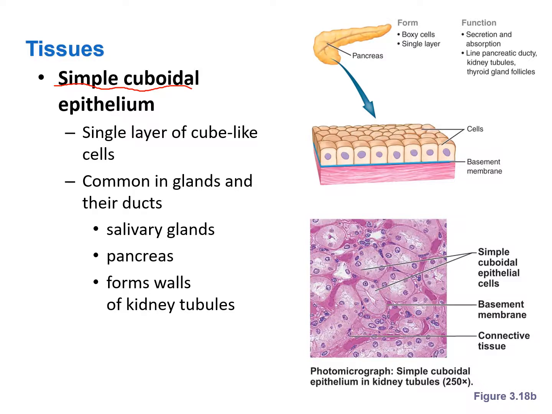These ducts allow the product to go from inside the duct to outside of the duct. So just know that simple cuboidal is one layer, cube shaped, and you find these in your salivary glands, your pancreas, and they also form the walls of the kidney tubules, which we'll talk about a little bit later in the semester.